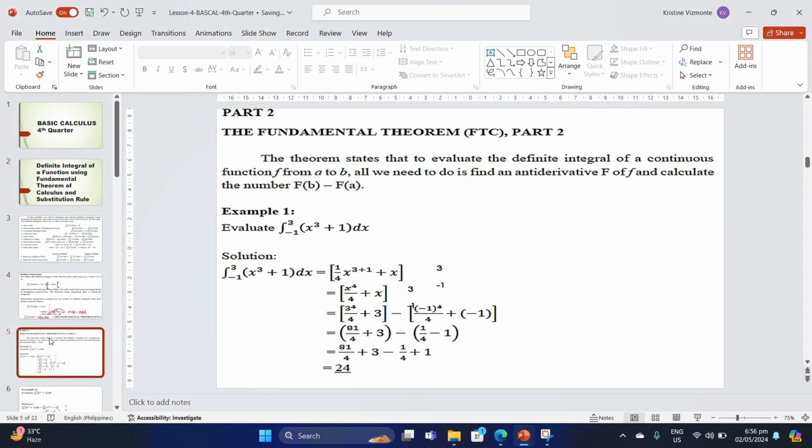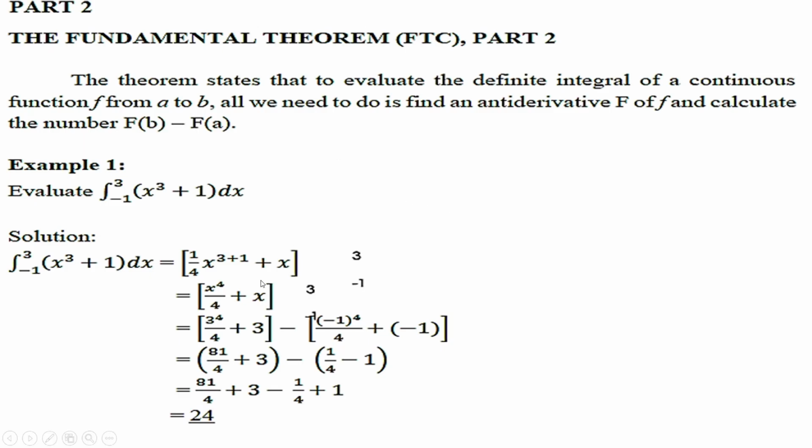We still have 17 slides. So as you can see here, the theorem states that to evaluate the definite integral of a continuous function f from a to b, all we need to do is find the antiderivative F of f and calculate the number F of b minus F of a.